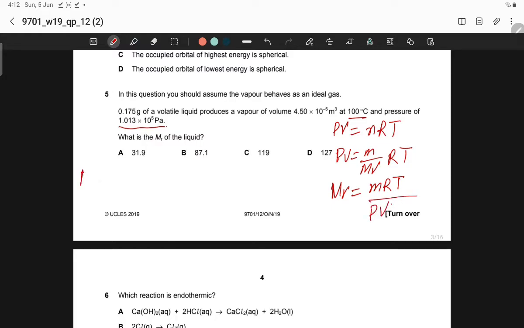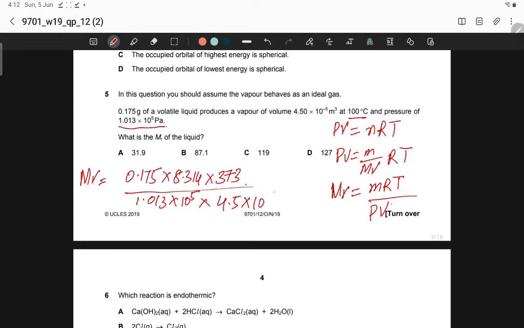So Mr is equal to 0.175 gram times 8.314 times 373 Kelvin divided by 1.013 times 10 raised to power 5 Pascal times 4.5 times 10 raised to power minus 5 meter cube.